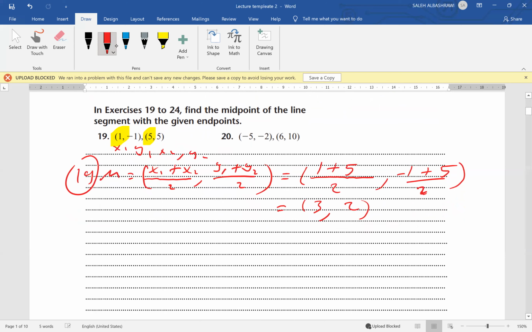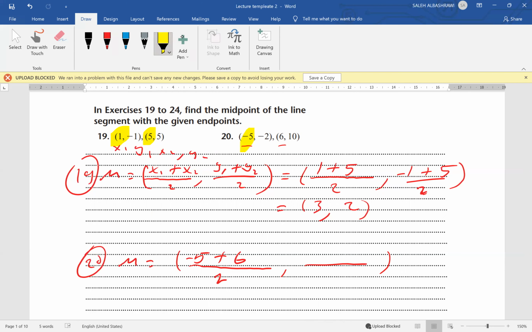For the second one, I have -5 as x1 and 6 as x2. So the midpoint will be, in this case, -5 plus 6 divided by 2.